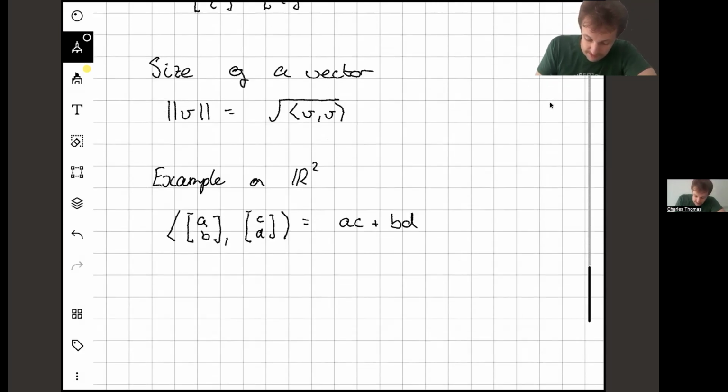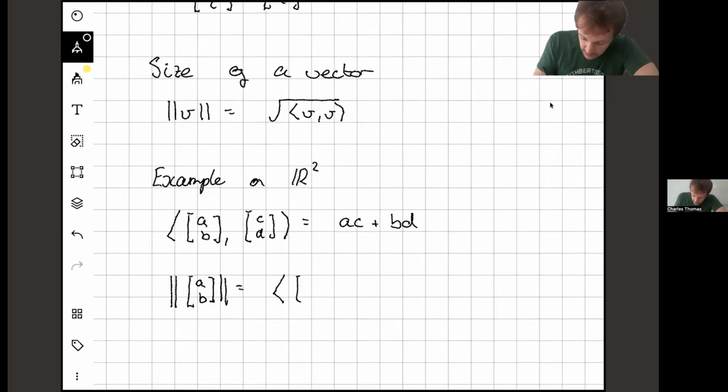And the size of (A, B) is the dot product of (A, B) with itself, square rooted, which is the square root of A squared plus B squared.